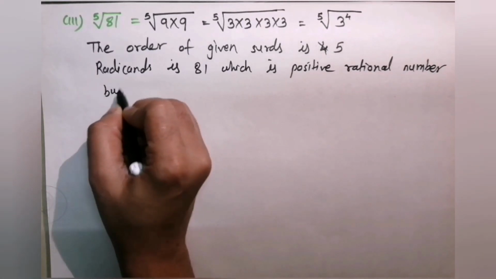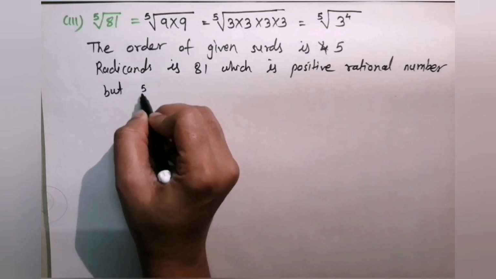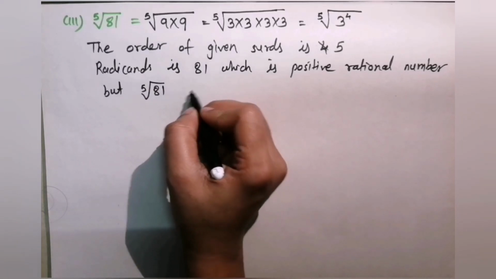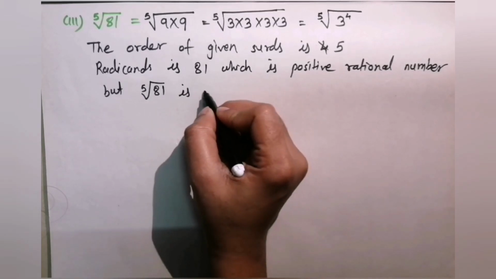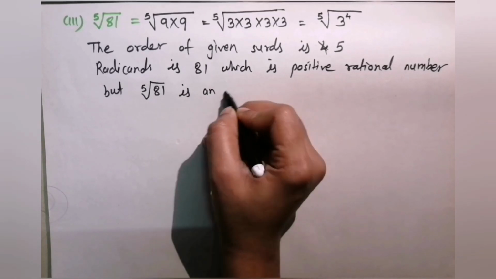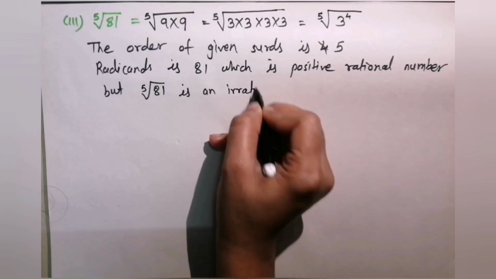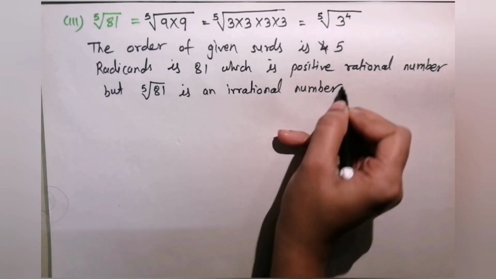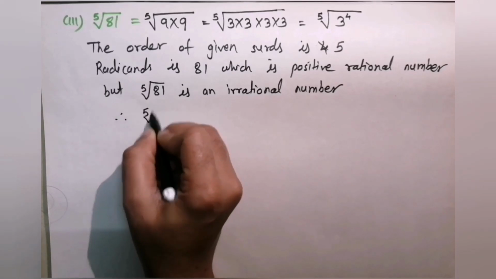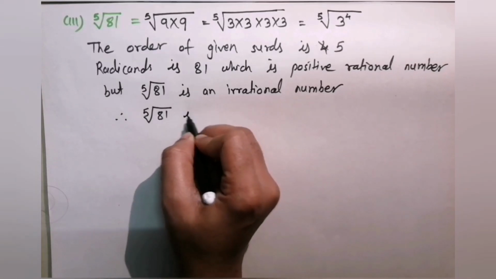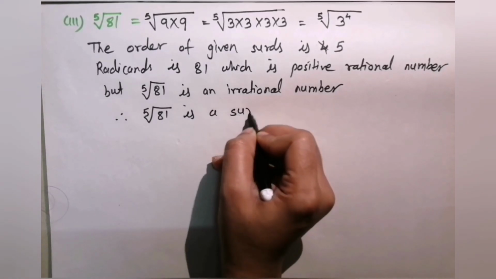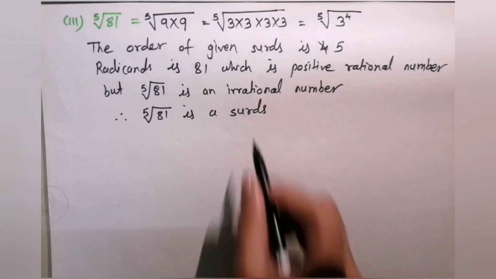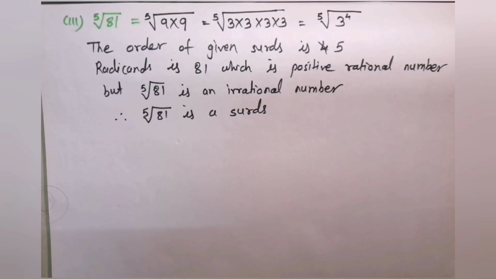But the fifth root of 81 is an irrational number. Therefore, the fifth root of 81 is a surd. Clear, students? Every irrational number is a surd. Now, students, write down the next question.